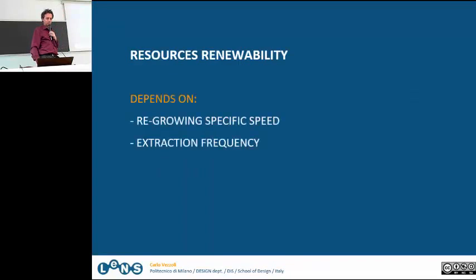Resource renewability. I should say a few things about this. Can you tell me one renewable resource in terms of material, let's say? Can you tell me one material that is renewable? We saw one here.